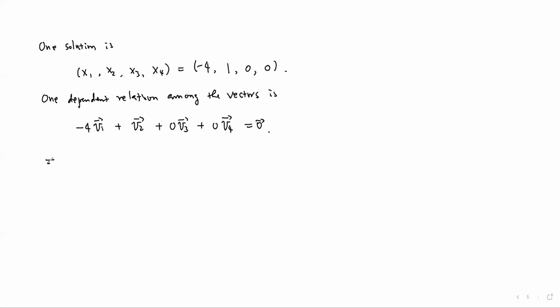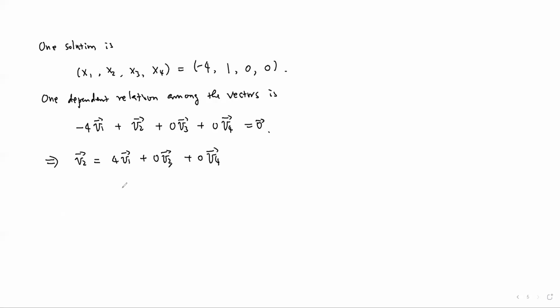From this relation, we can see that V2 depends on the other vectors. How? I keep V2 on the left side and move all the other vectors to the right side. See, V2 is a linear combination of the other vectors. So V2 linearly depends on the other vectors.